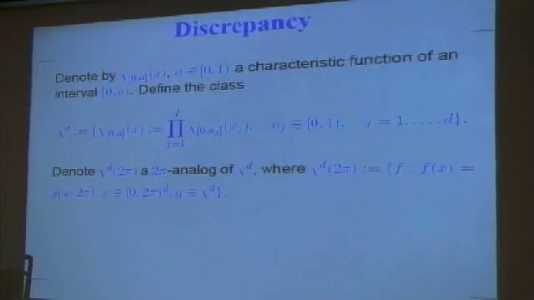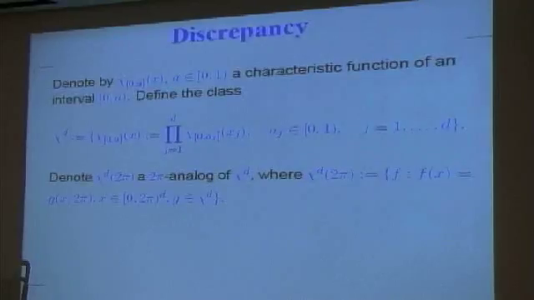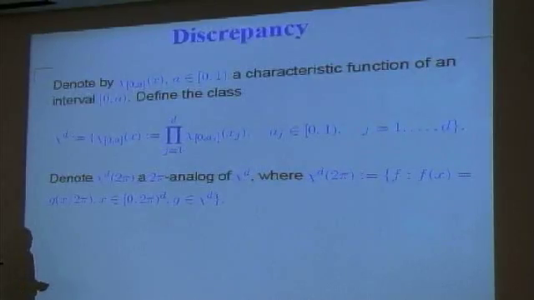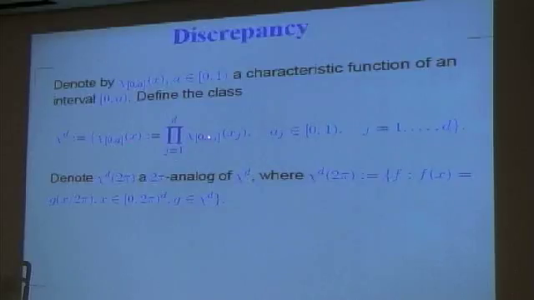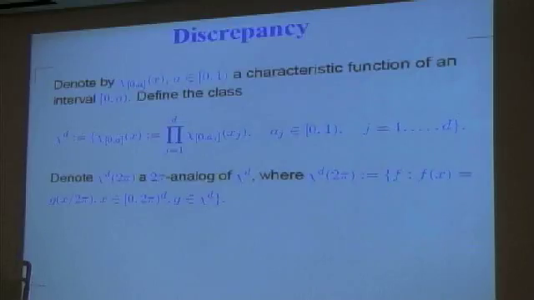So this is the corresponding characteristic function of the parallelepiped of a special form with edges parallel to the coordinate axes. And this is just a definition of the analog, because for the function classes that I will be discussing today, it is technically convenient to assume that these are 2π periodic. It's just a technical assumption that does not make a big difference.